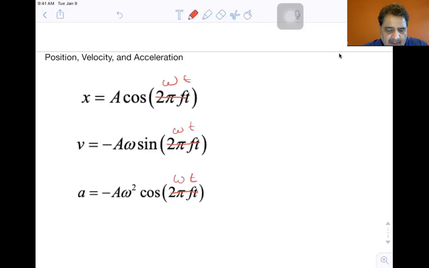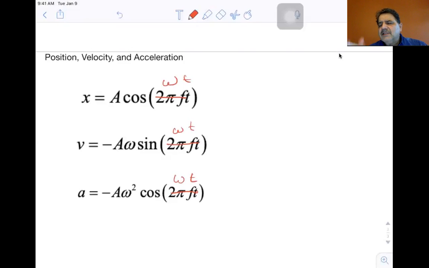But if you know anything about calculus, you know that the derivative of cosine theta is equal to minus sine theta. In other words, the theta is whatever's inside the parentheses. So the velocity is the first derivative of position, and acceleration is the first derivative of velocity, which is the second derivative of position. And that's an easier way to get these.